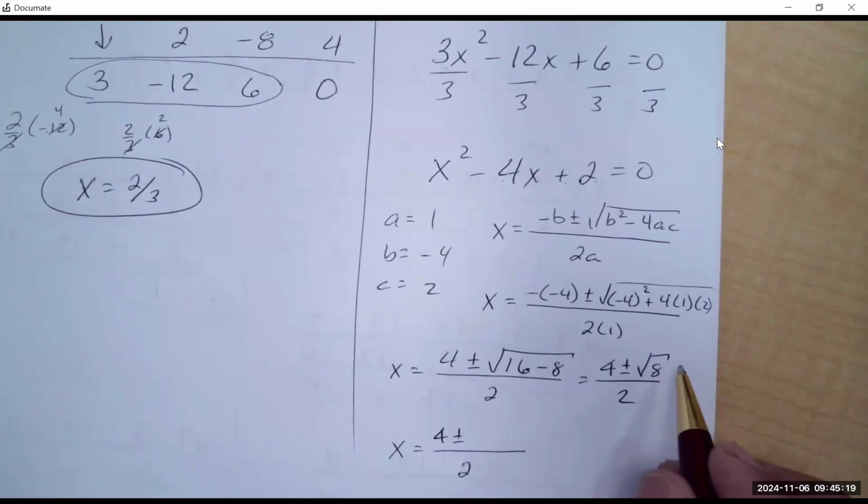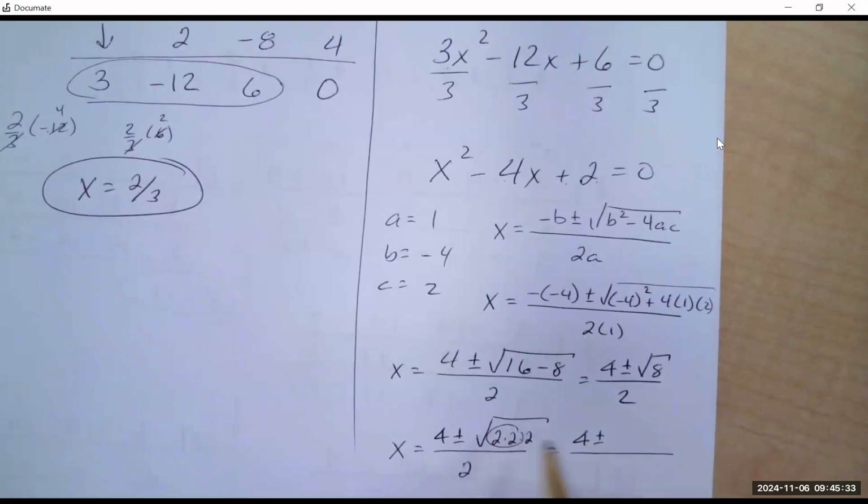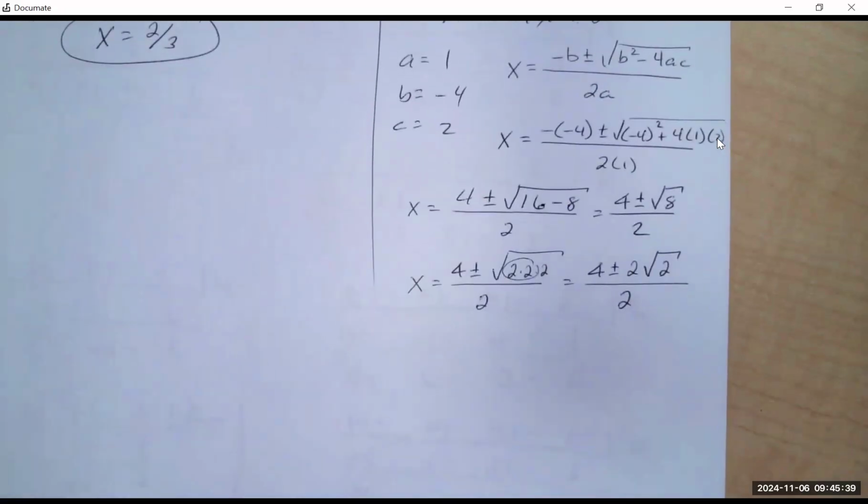8 is made up of 2 times 2 times 2. Since there's a pair of 2's inside there, I can take it out. Again, that's the stuff we did in chapter 1.